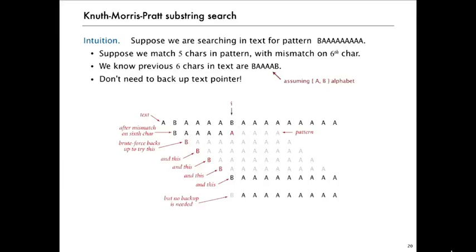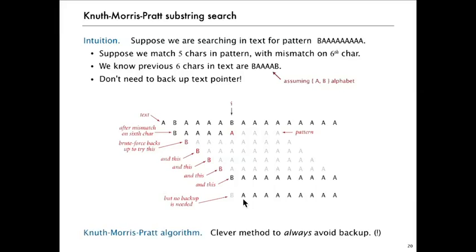That's the intuition on the method of the Knuth-Morris-Pratt. We don't need to back up the text pointer in this case. When we get the mismatch, we can just keep going. We don't even have to match the first B. We know it's there.